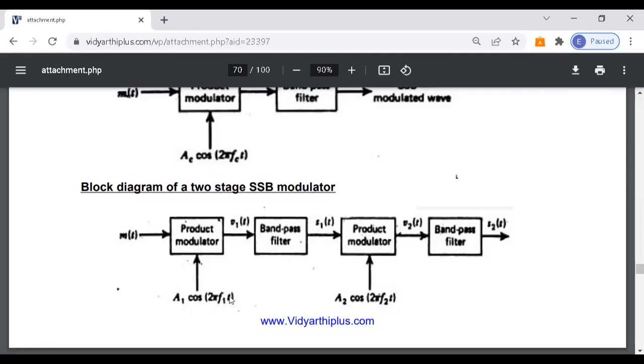This is your carrier frequency, right? You get a voltage go through this bandpass filter, right?